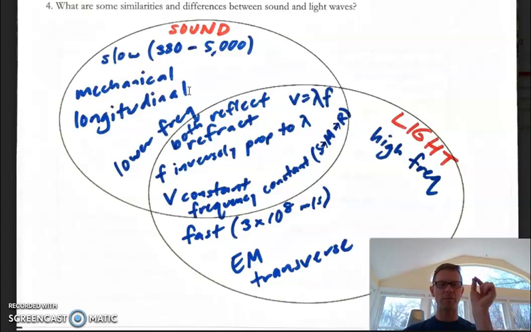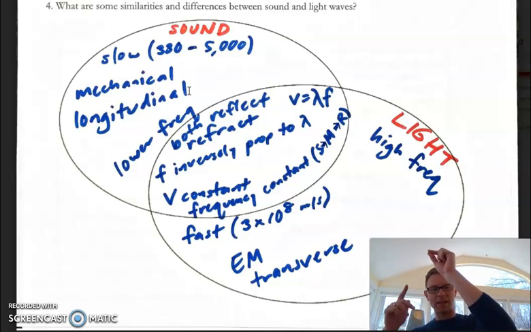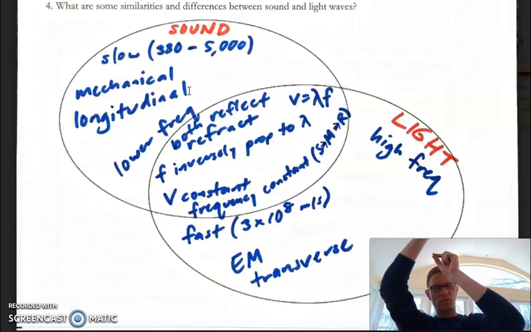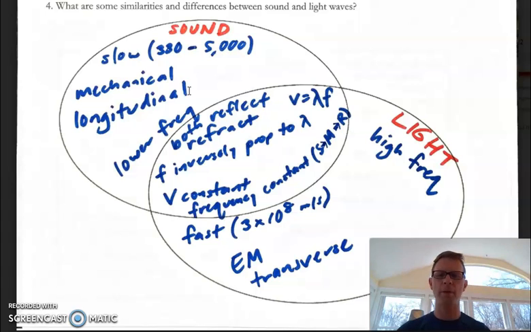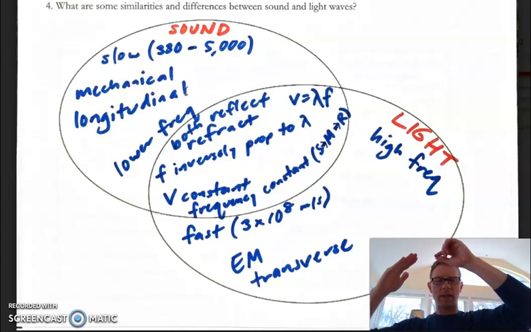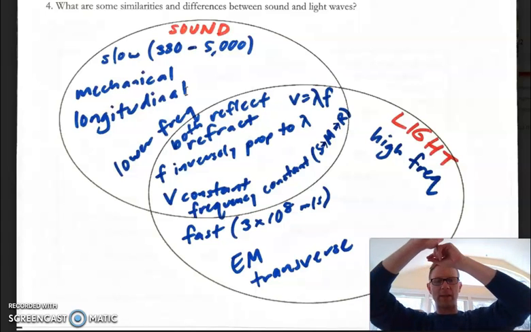So in sound, the particles might be oscillating like this, and the sound wave is actually going like this. Those 2 are parallel to each other. In light, the oscillation might be like this, and the wave goes like this.